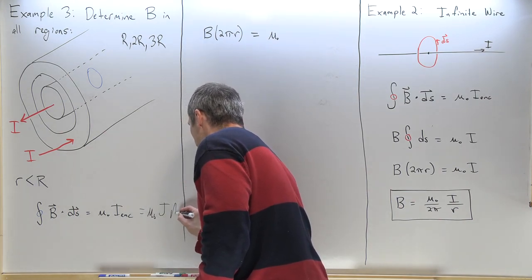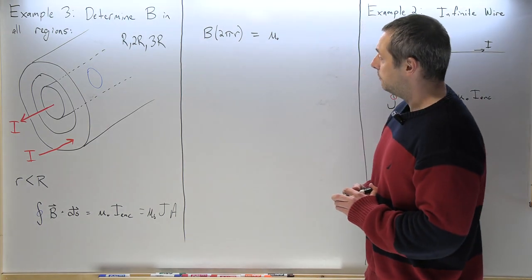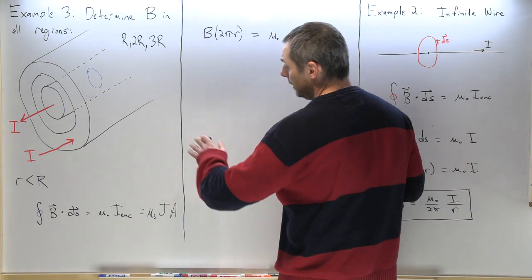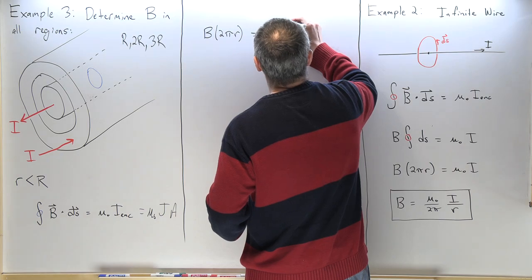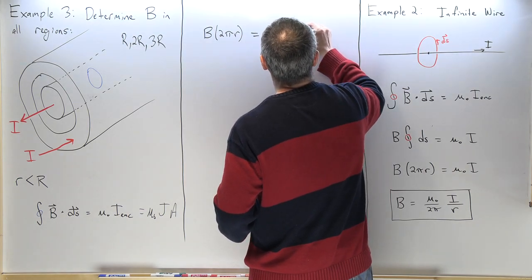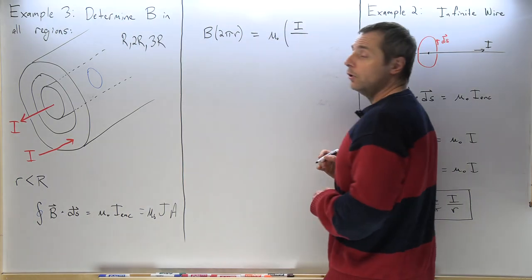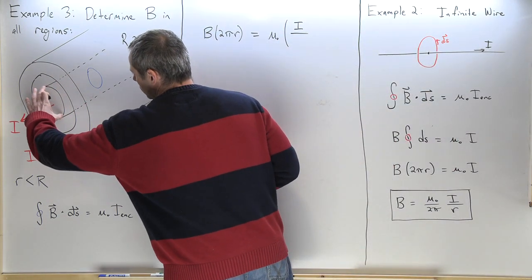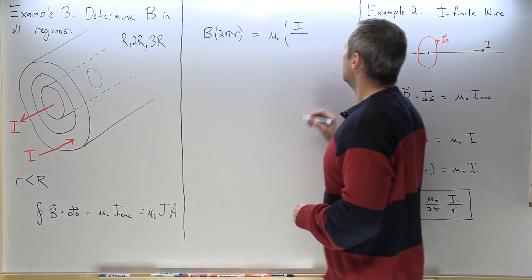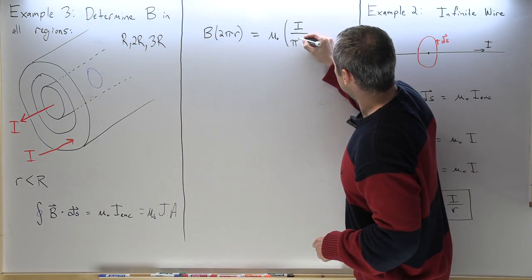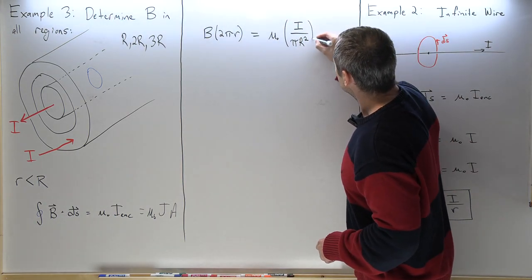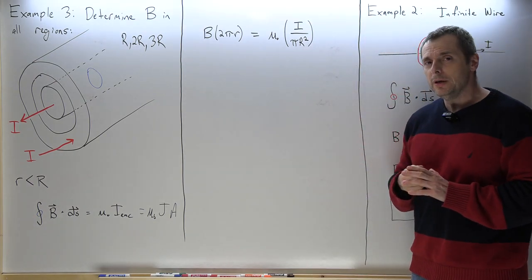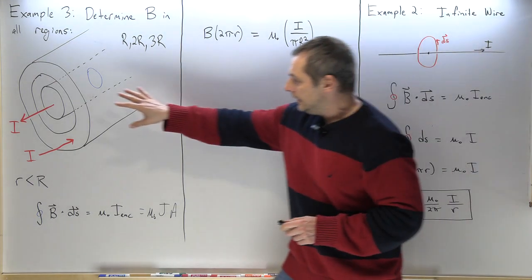Current density times area inside of our Amperian loop. So the current density will be total current over total area of where the current is distributed, which is through this entire inner conductor. So the total area is pi R squared. That's the current density, the amps per meter squared in that inner conductor.